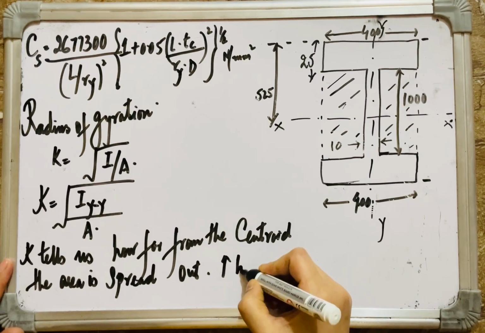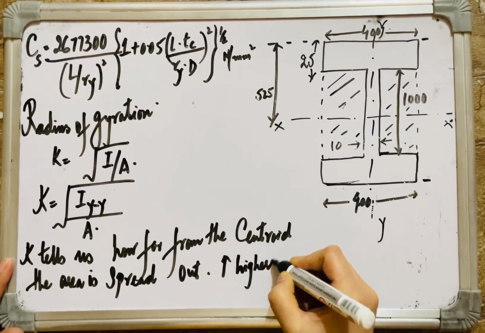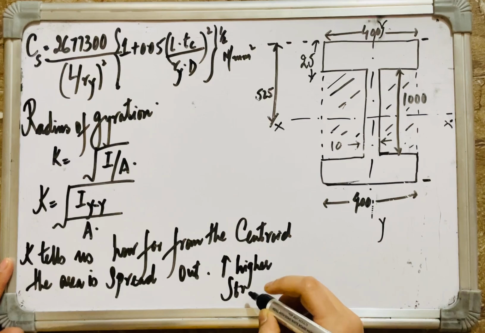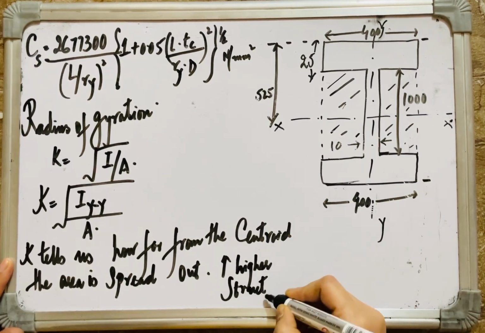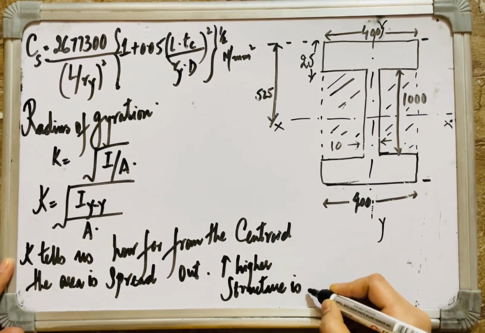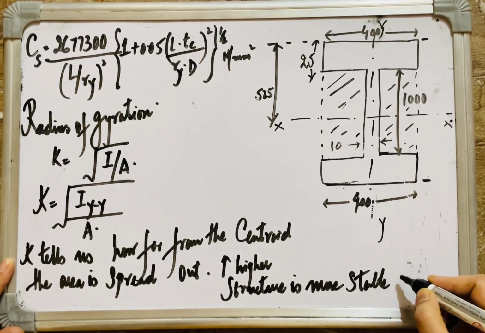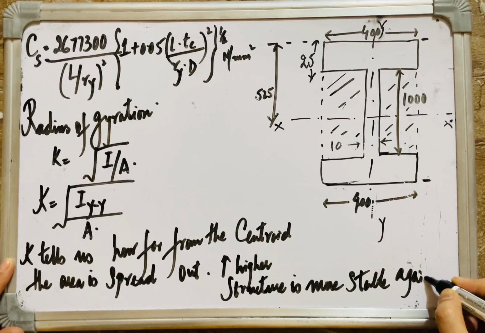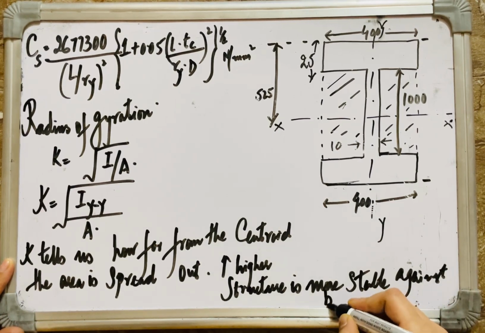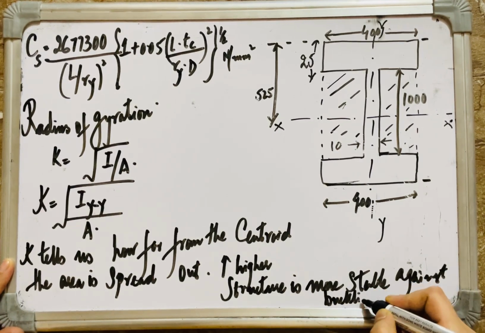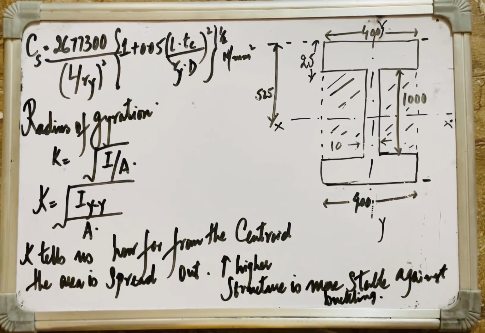A higher value of radius of gyration means that our structure is more stable against buckling.